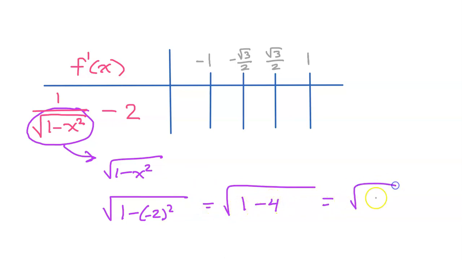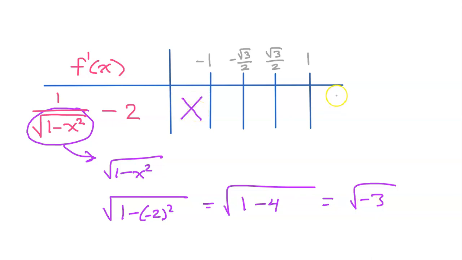This is going to give us a negative number under the radical. So this would not be a real number. So we can forget about this interval because we don't have real numbers.